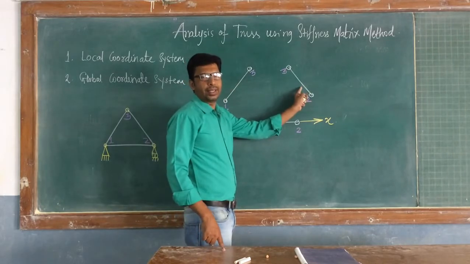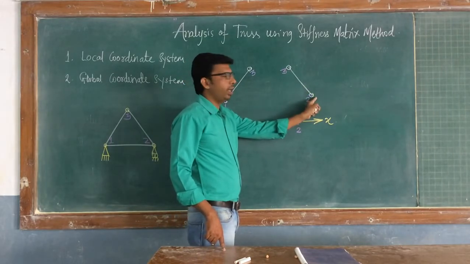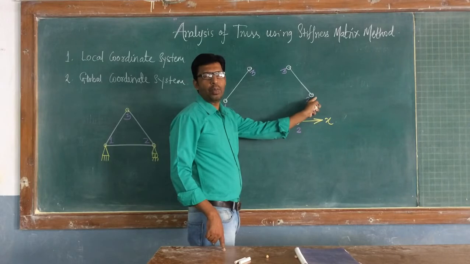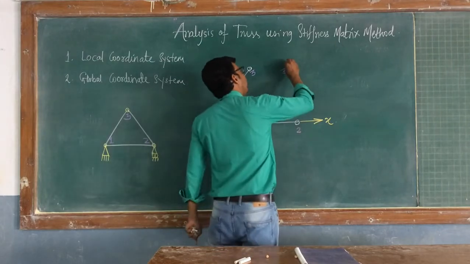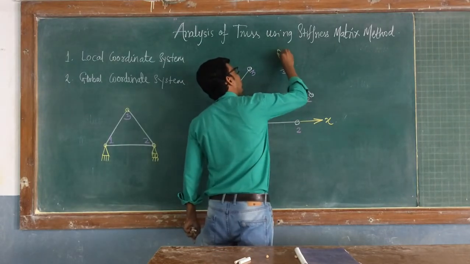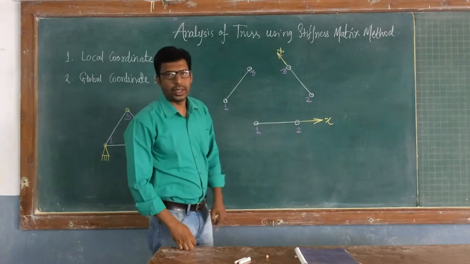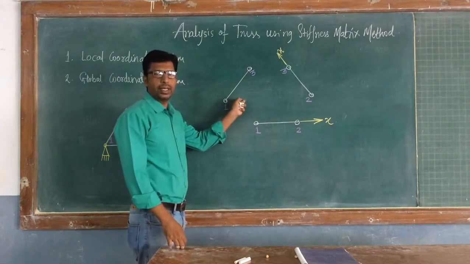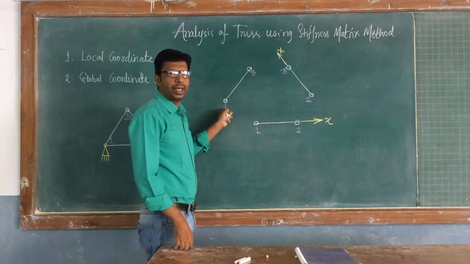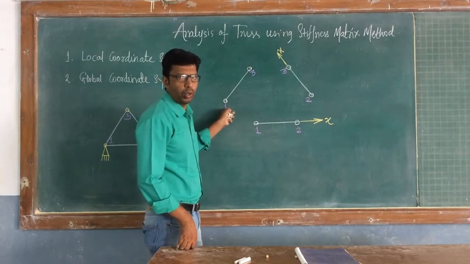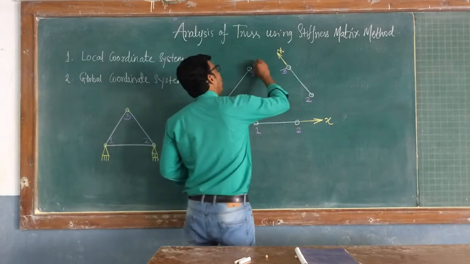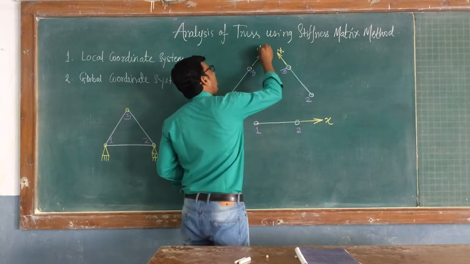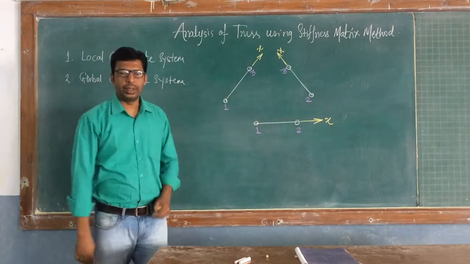Similarly, if you look at this member, if your left end is 2, then this will be x. This is the x-axis. If you take 1 as the bottom node, first node or left node, then this will be the x-axis.